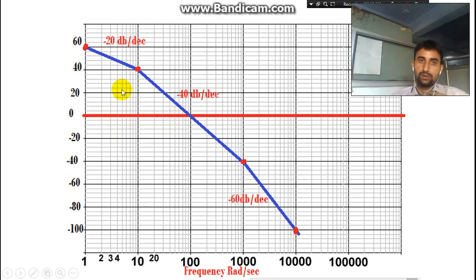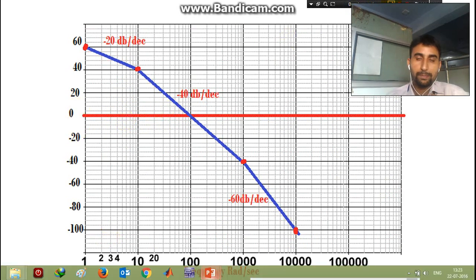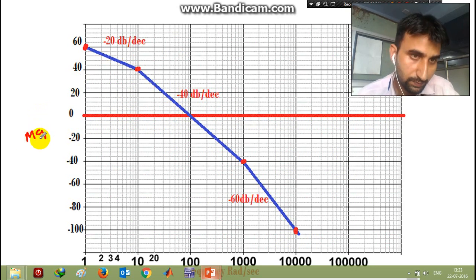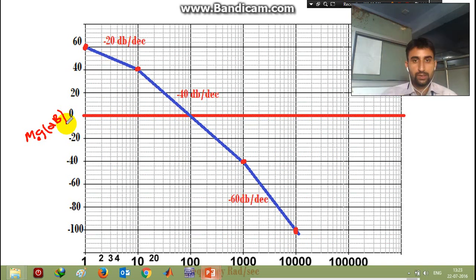Then we plot the semi-log graph. In the semi-log graph, the horizontal axis is the frequency and the vertical axis is magnitude in dB. That's all.